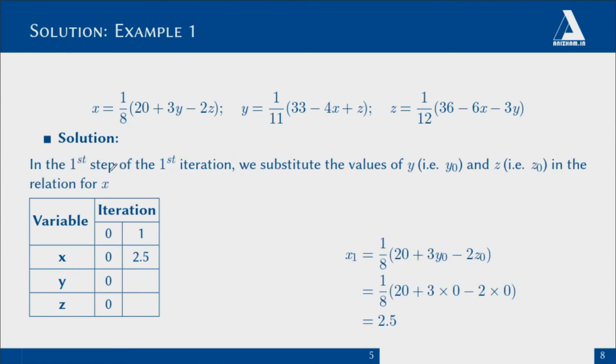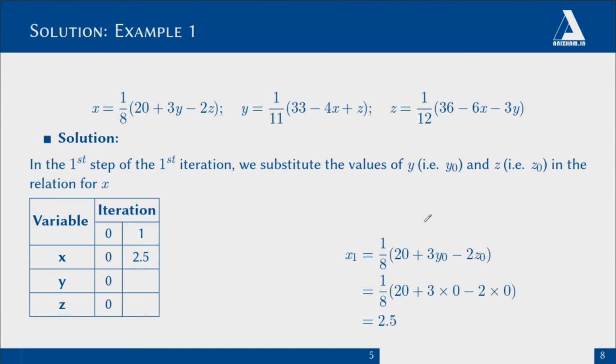Now we substitute the values of y and z in the equation for x and find out the value of x. This is the first step in the first iteration. So the equation for x is x equal to 1 by 8 into 20 plus 3y minus 2z.